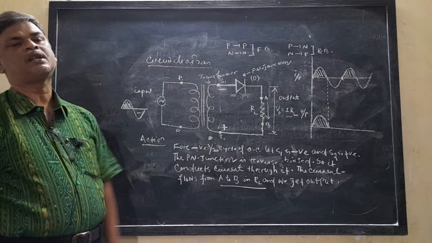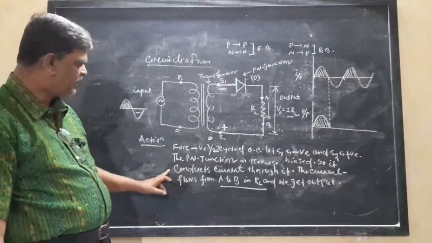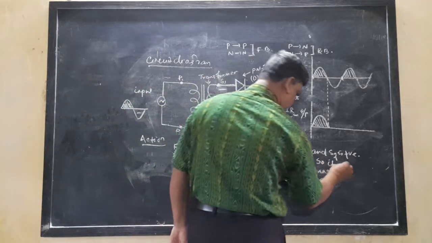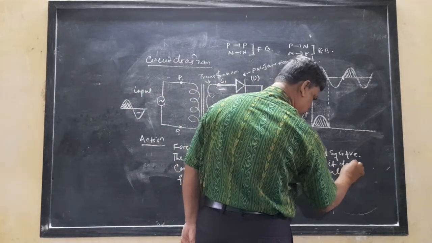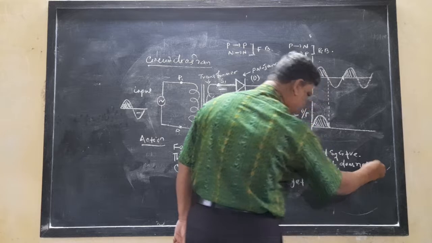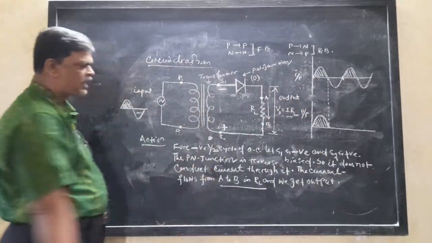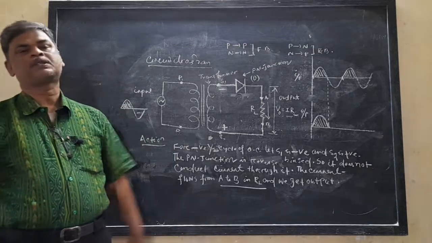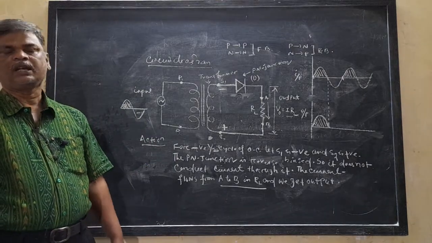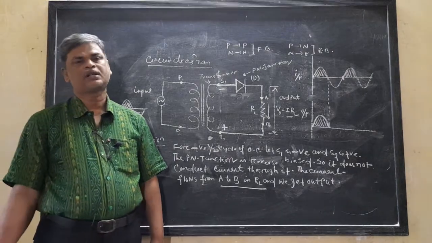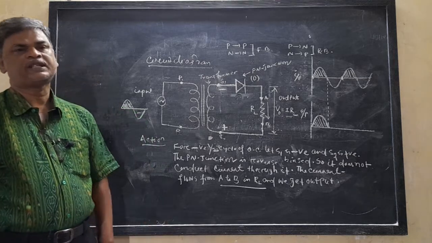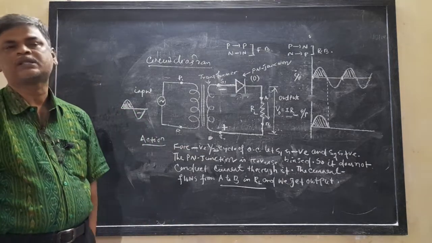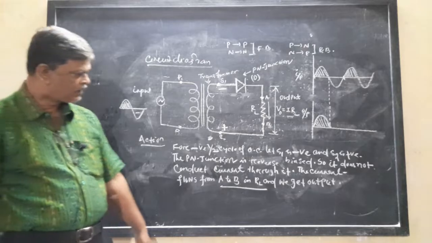As the PN junction is reverse biased, so it does not conduct current through it. In reverse biasing, the PN junction provides a high resistance path. No current conduction takes place through the junction.